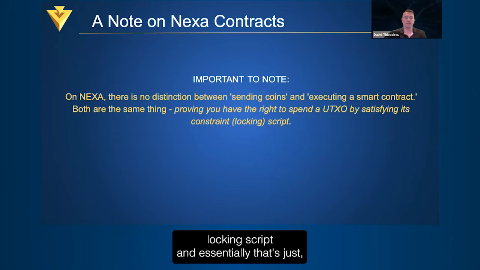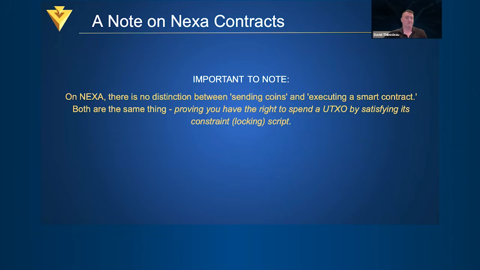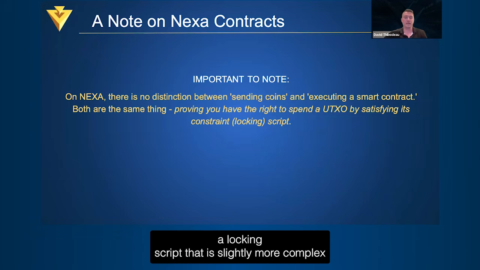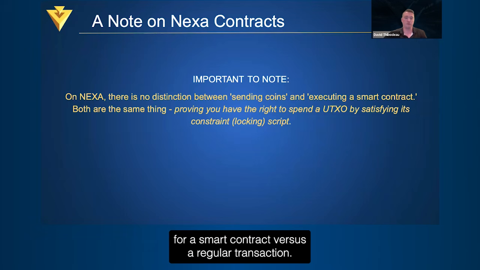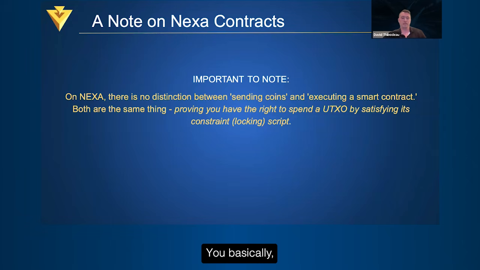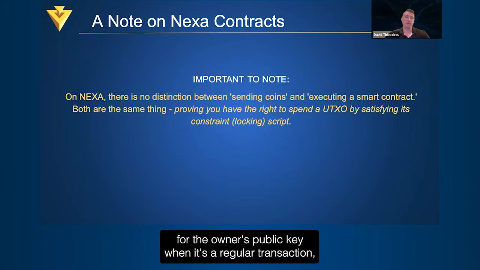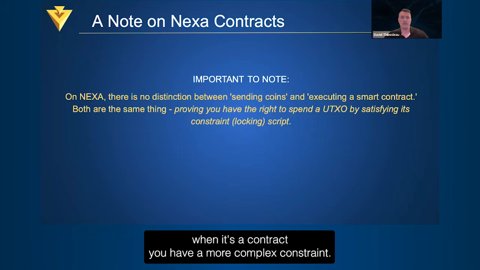Essentially, that's a locking script that is slightly more complex for a smart contract versus a regular transaction. You are providing a valid signature for the owner's public key when it's a regular transaction. When it's a contract, you have a more complex constraint.